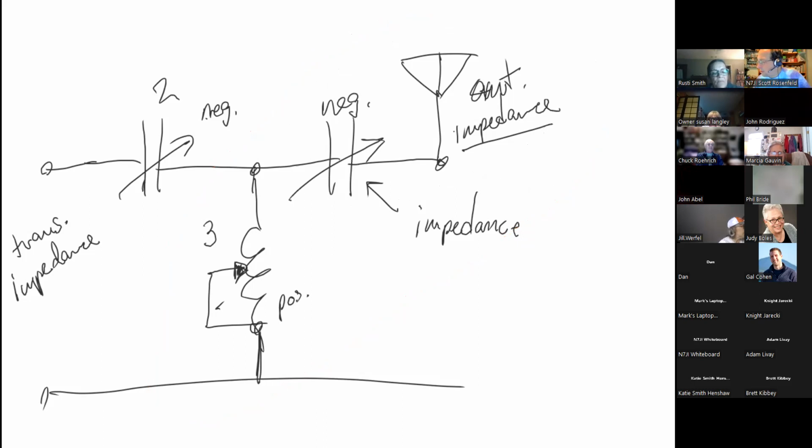You notice the fact that each of those is a variable value, right? You see the little arrows across them? The fact that they're variable means that they can be tuned, because the impedance of a capacitor is -1 over 2 pi fc, and for an inductor it's 2 pi fl.